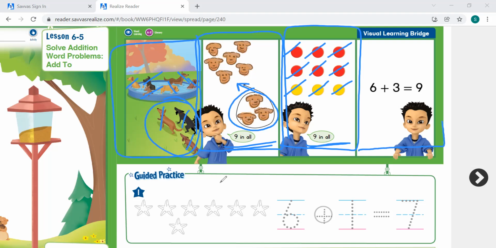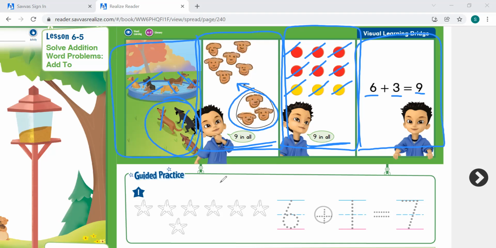Let's look at our last box right here. What does the 6 in the equation represent? The 6 dogs that are in the water. What does this 3 represent? It's showing the 3 dogs that are joining them.